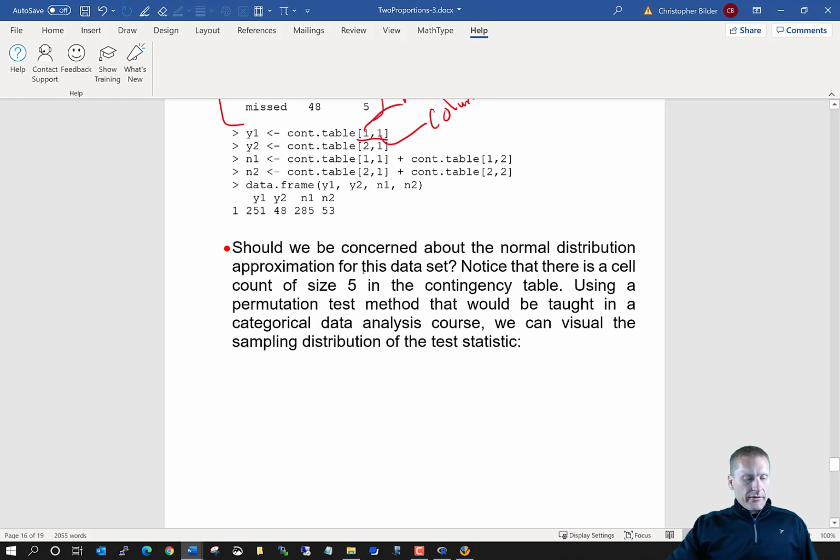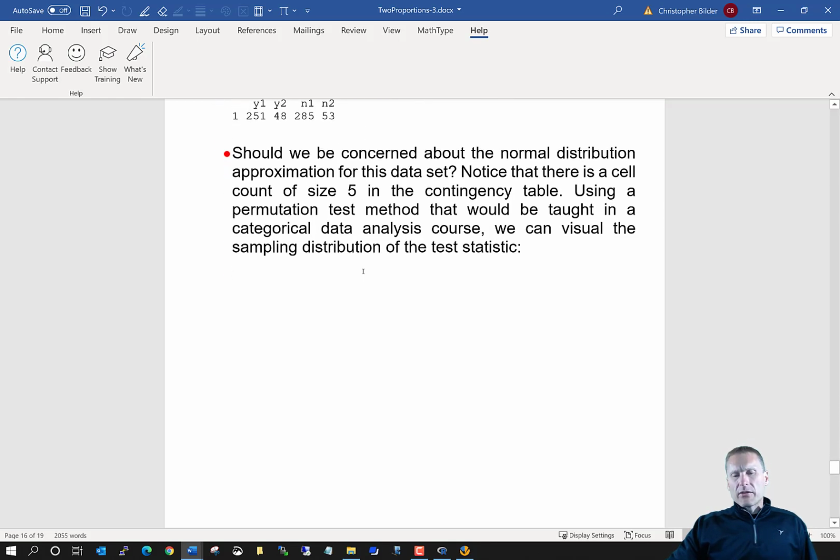Okay, now lastly, then, should we be concerned about the normal distribution approximation for this data that we're using? If you remember, I said if you have any cell counts that are maybe, let's say, less than 5, in other words, are small, this is a kind of a little bit of a warning bell that's like, uh-oh, maybe this normal distribution approximation does not work.